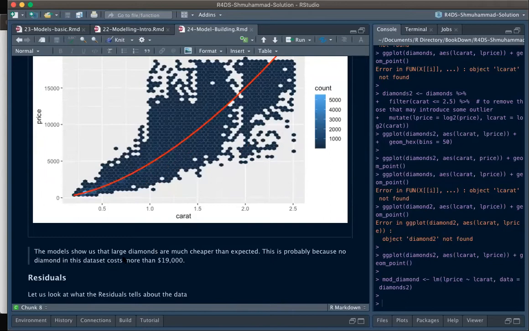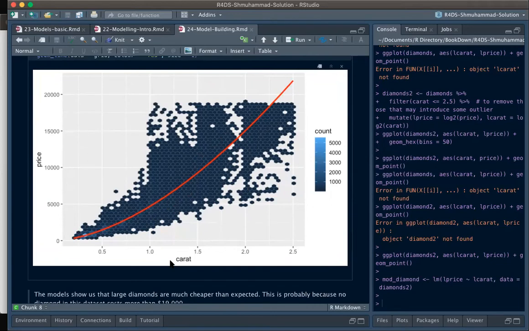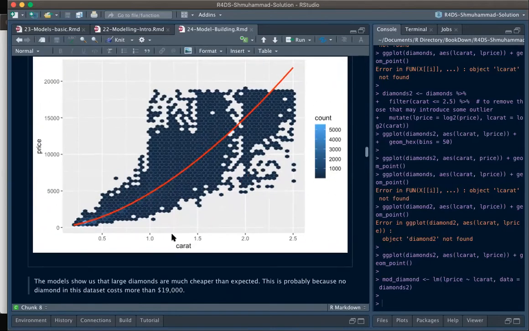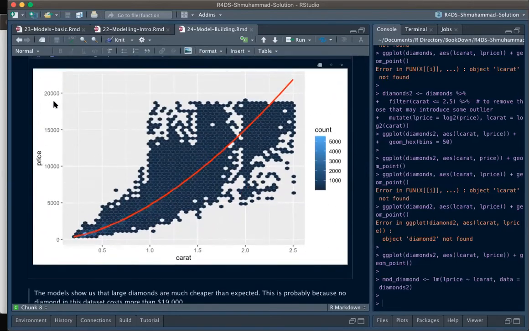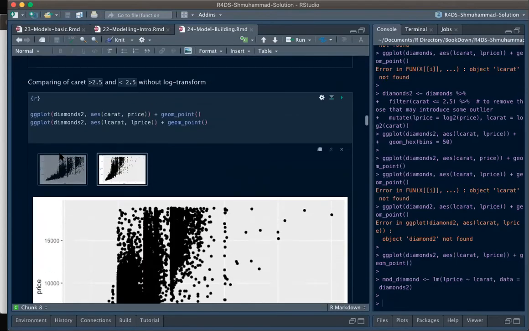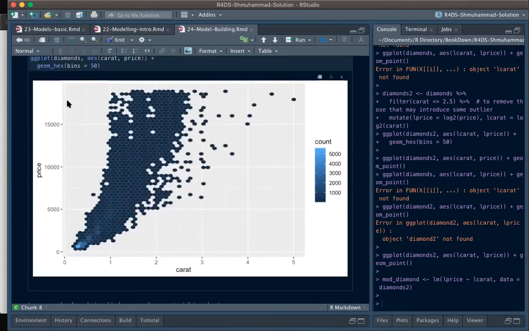So this model shows that large diamonds are much cheaper than expected. This is because no diamond in this data set costs more than 19. What does this statement mean? I took this statement from the book. I was expecting that the price would be much higher in the previous cases we have seen, the first one, but it's still the same.